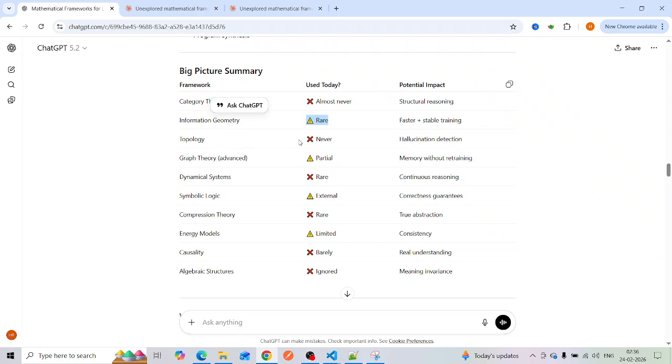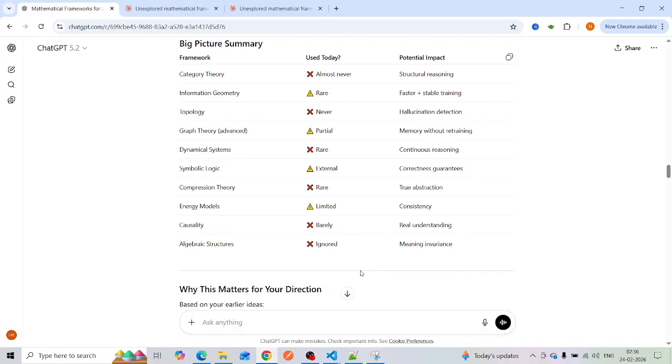Topology, never used. Graph theory, advanced, partially used. Dynamical systems, rare use. Symbolic logic, external. Compression theory, rarely used. Energy models, limited use. Causality, barely. And algebraic structures, ignored.